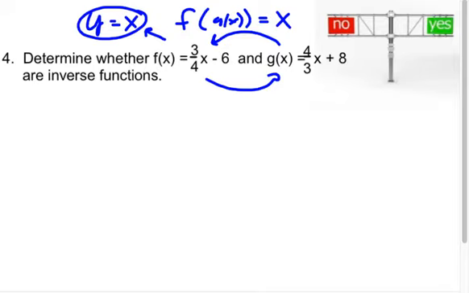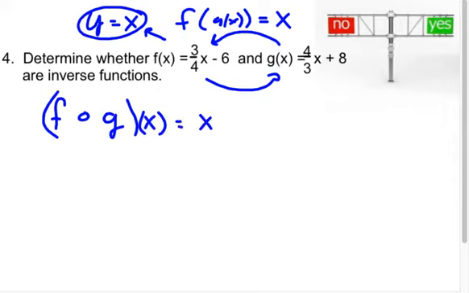The book says you have to do it both ways. I'm just going to say you have to do it one way, and that's fine. So we want to find f of g of x, and we want it to equal x. If it doesn't equal x, they're not inverse functions of each other. So here we go, f of g of x. What is that going to equal?